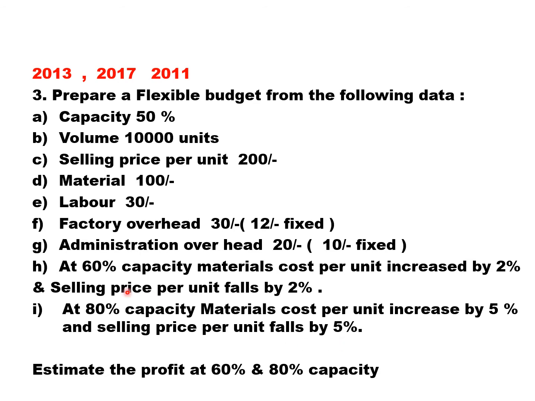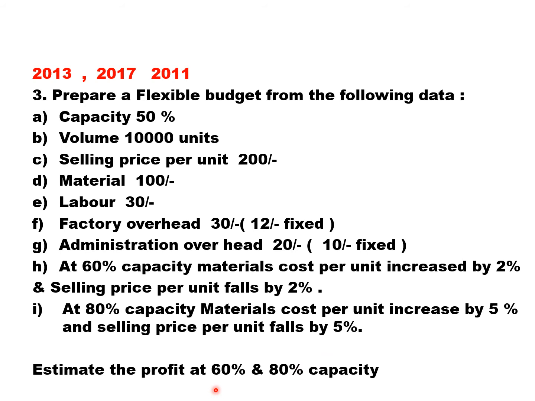So conclusion, students: at 60% material is 102 and selling price is 196. At 80% capacity, material is 105 and selling price will be 190.